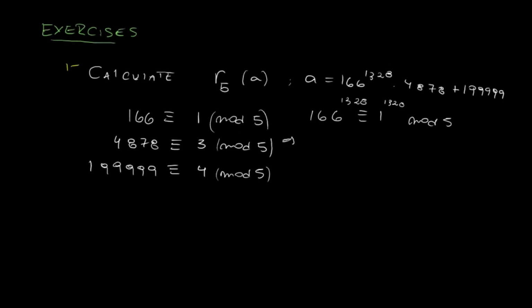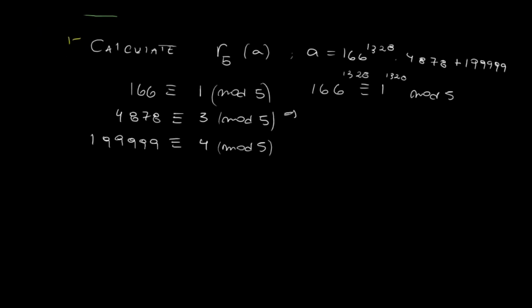And now if we add all this up, we get that the number we wanted is congruent to operating with the remainders. It's 1 to the power 1328 times 3 plus 4 modulo 5.